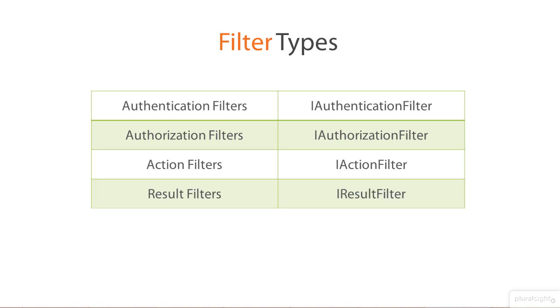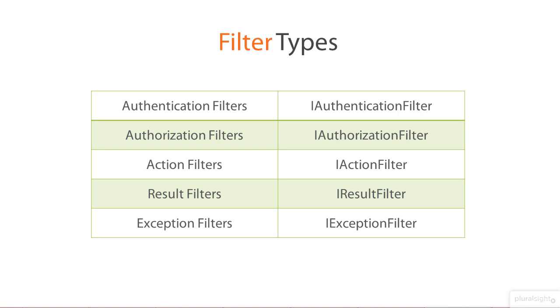Result filters are very similar to action filters, only they execute before and after action results, and they implement the IResultFilter. The last type of filter is an exception filter, which can be implemented through an appropriately named interface. These filters run if there's an error in the action execution pipeline, such as in action methods or other filters.